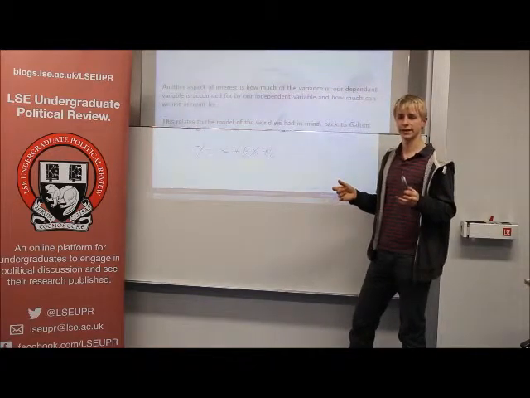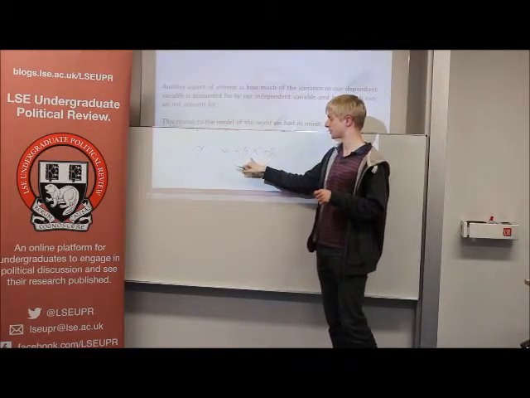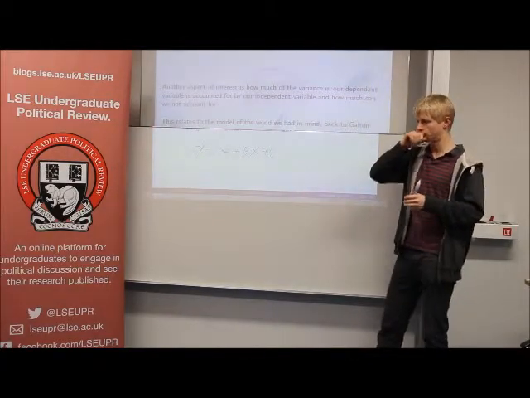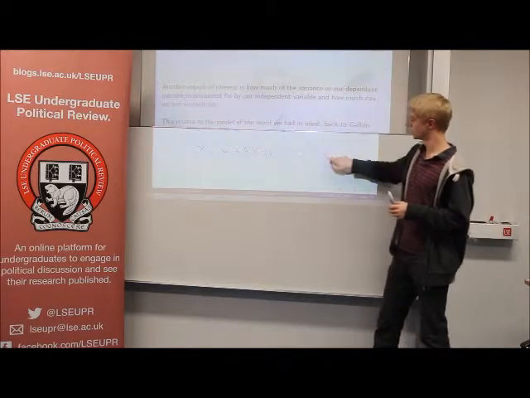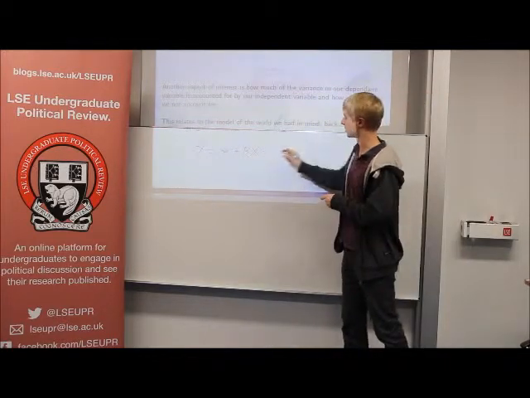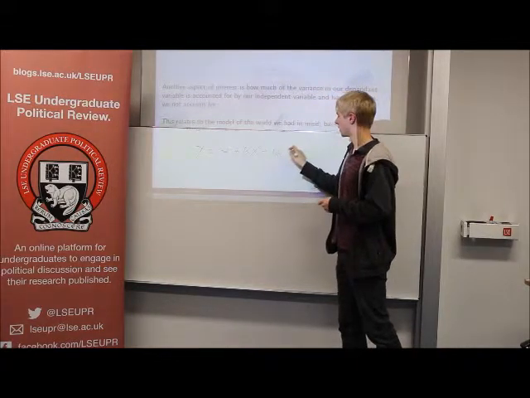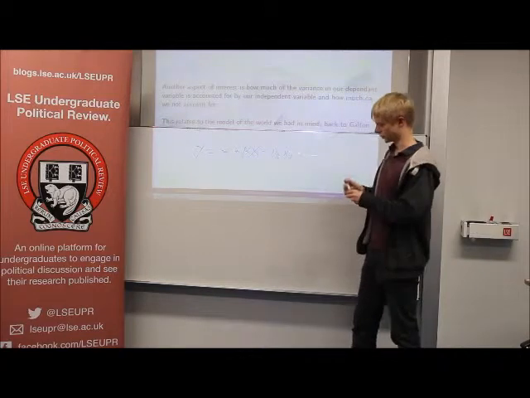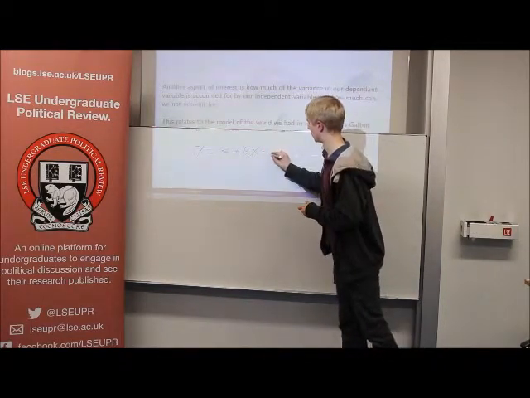We talked right at the beginning why it might be the case that actually the effect of LSE itself is confounded by all these other variables. And we'll talk about that next week when we include more variables here. So we might have beta 1 there plus beta 2 x2, and this might be your family income, etc., etc. But at the moment, we're ignoring this, and we're just having a model like this.